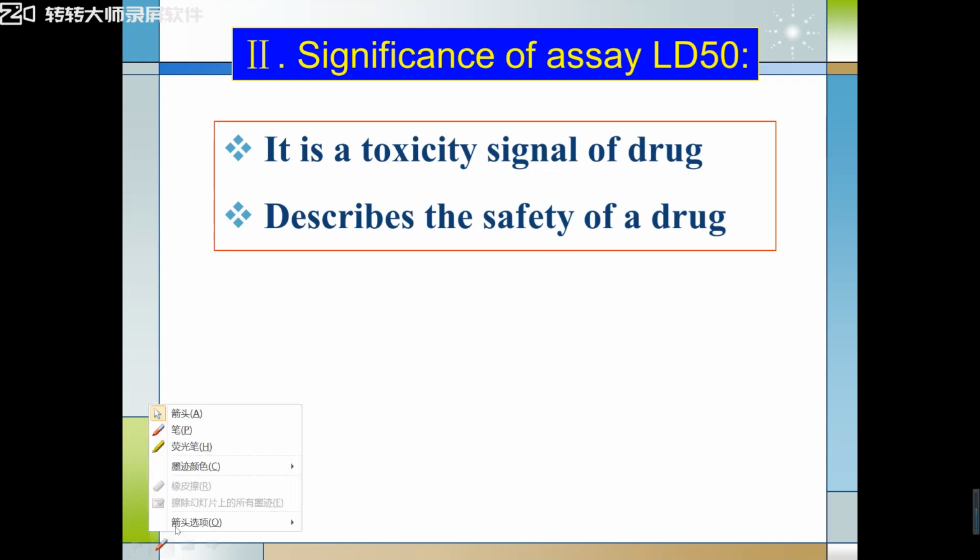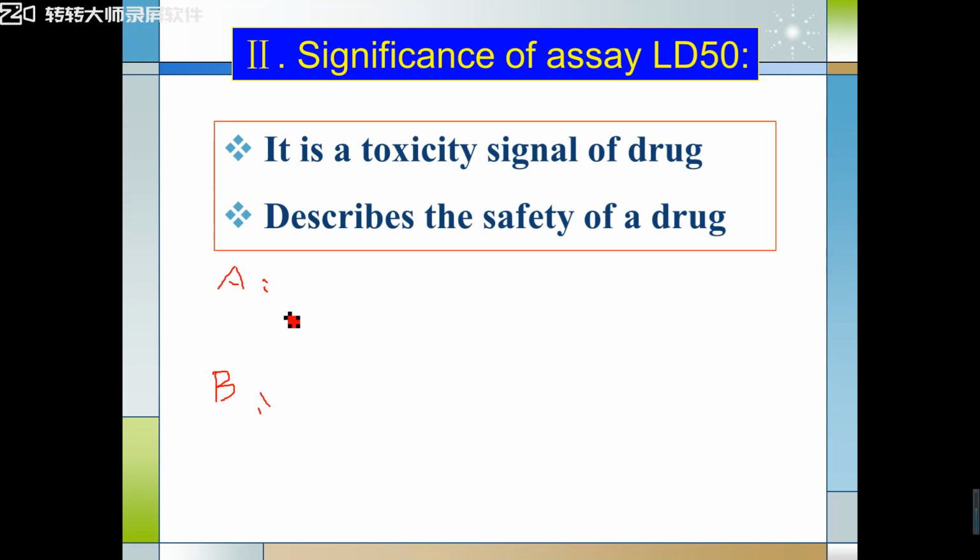For example, we have two drugs. One is A drug, the other one is B drug. Both of them are diuretics, or both are antihypertensive drugs, or both are antibiotics, no problem. Two drugs of the same kind, but they have different LD50.